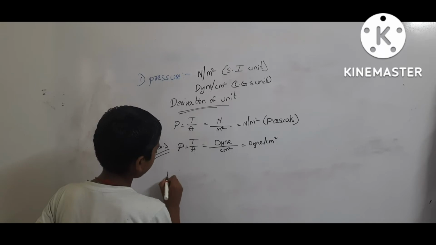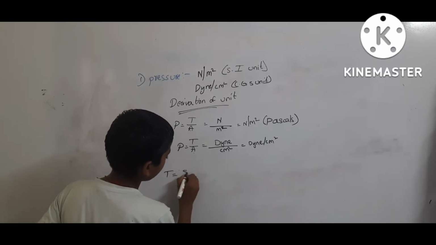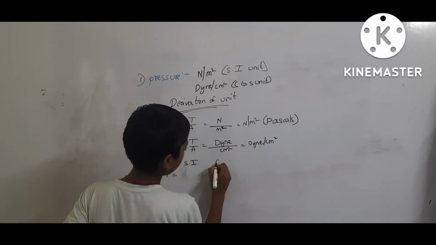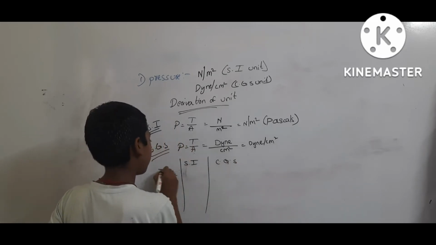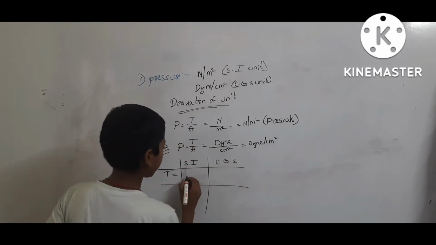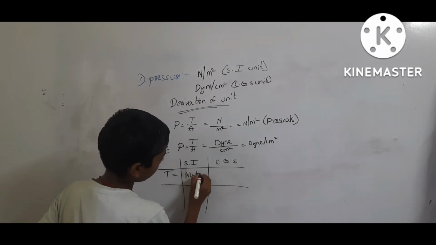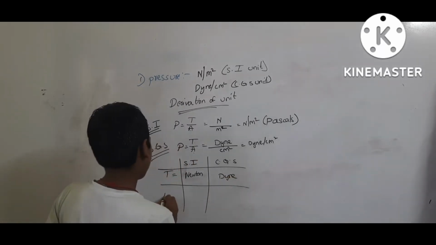Here I am writing a table: SI unit and CGS unit. Thrust: SI unit is Newton, CGS unit is dyne.